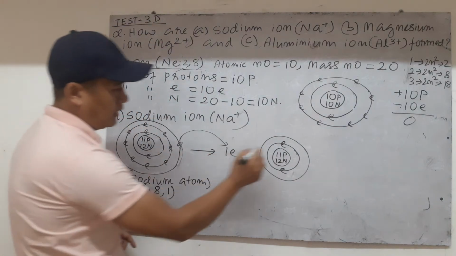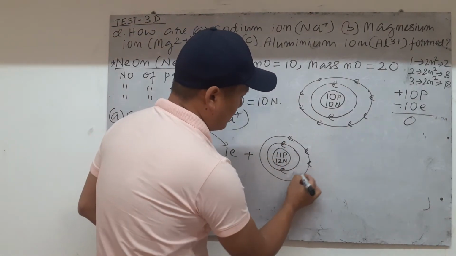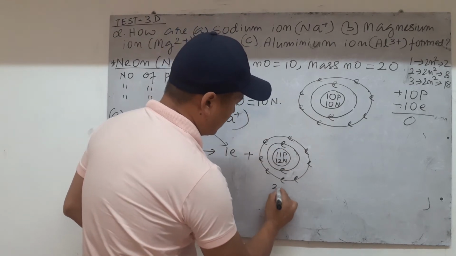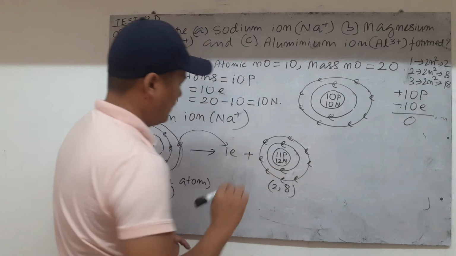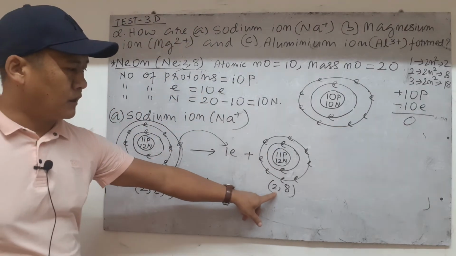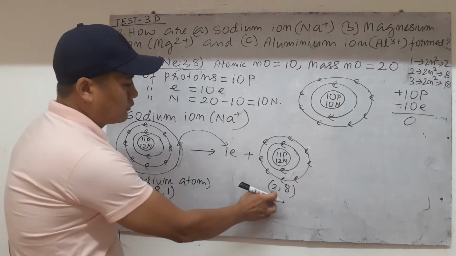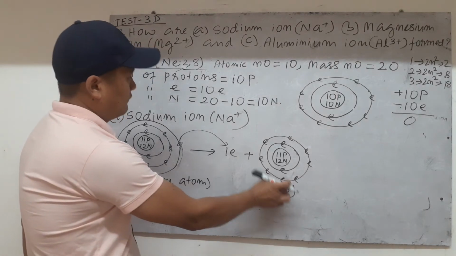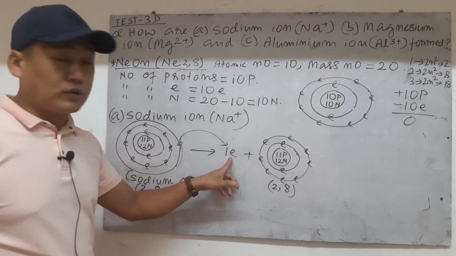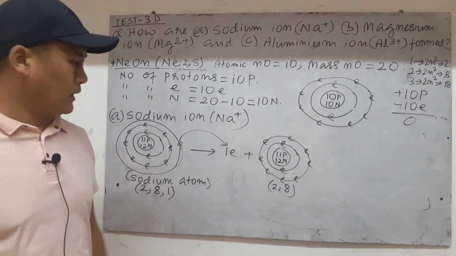Here also not touched, so 8 are still there. 1, 2, 3, 4, 5, 6, 7, 8. So this has become 2, 8 because 1 is stripped. So exactly it has become like the 2, 8 electronic configuration of neon. So it has managed to do that by losing 1 electron. That's why its valency is 1.